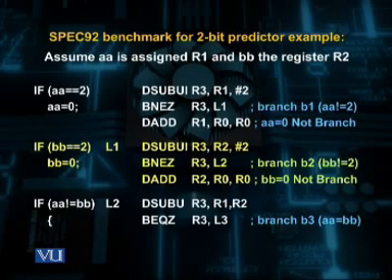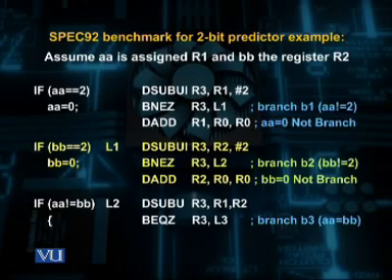And branch equal 0 means branch to B3 if AA is equal to BB, which means that here the behavior of B3 is correlated with the behavior of B1. Here, if B1 and B2 are both not taken, that is, the branch 1 and branch 2 are both not taken, that is, AA is equal to 0 and BB is equal to 0, then the branch 3 is taken.